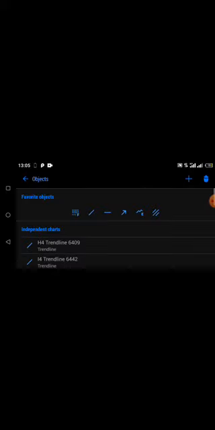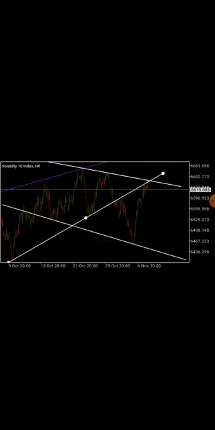I've just deleted this support and resistance. I need something else. I need a trend line. So it touches that level and touches this level like that.